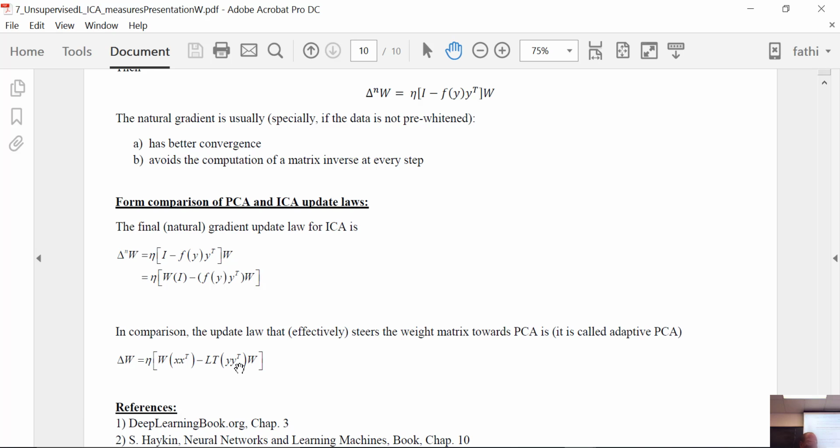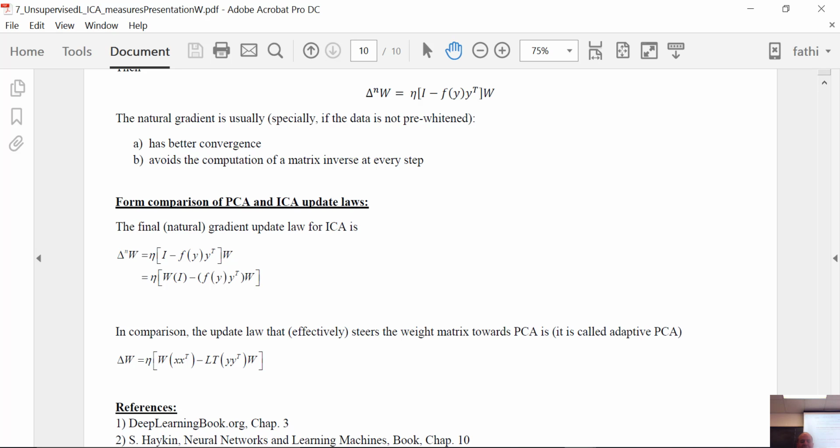And here, for technical reasons, you have LT, which stands for lower triangle. So you have a matrix, you just take that, you set everything in the upper triangle to zero. Okay? And I'm just sharing what the adaptive PCA is. If you have a layer, we're not discussing it at all. We're only using algebraic PCA.